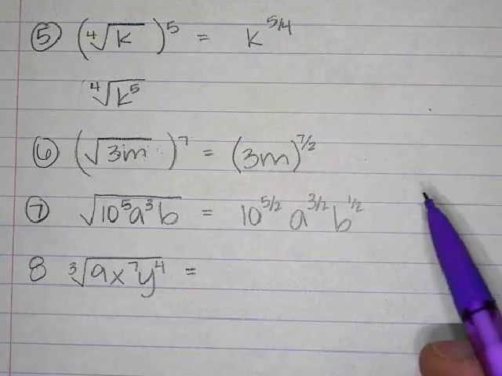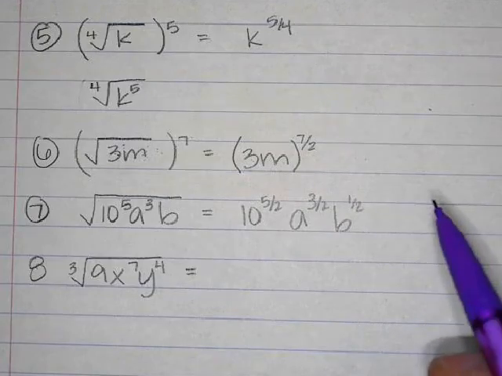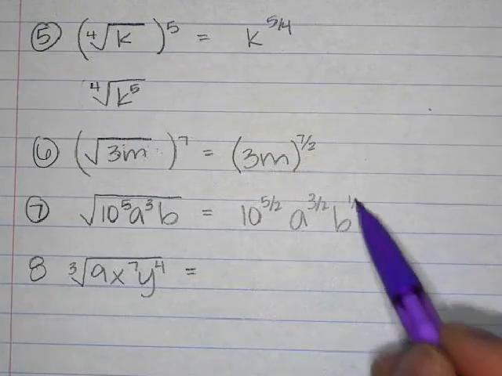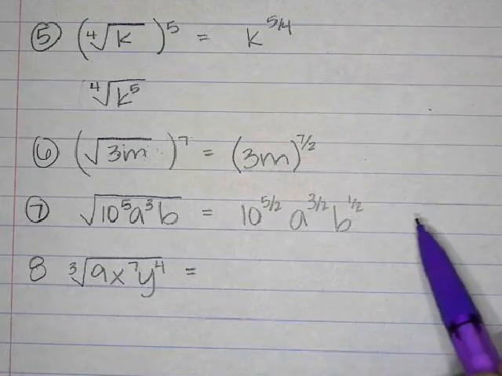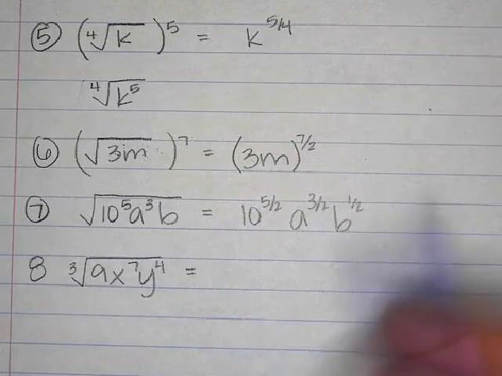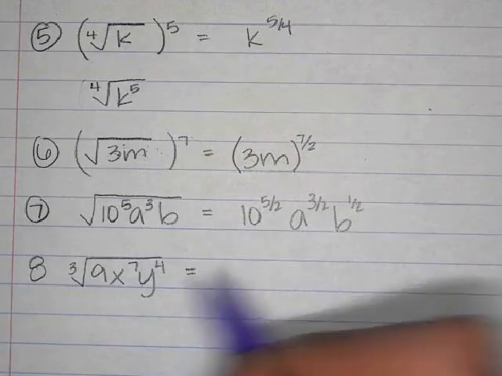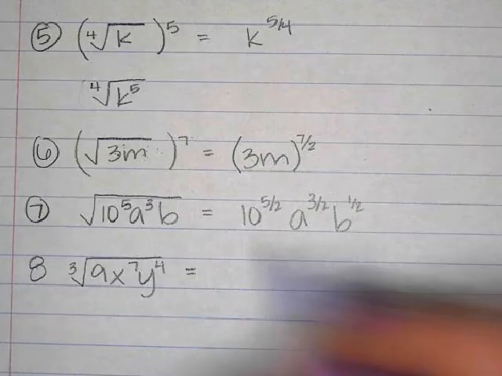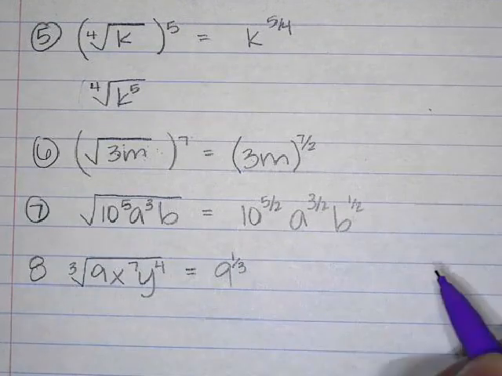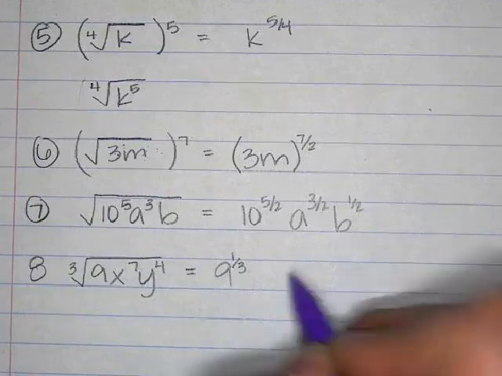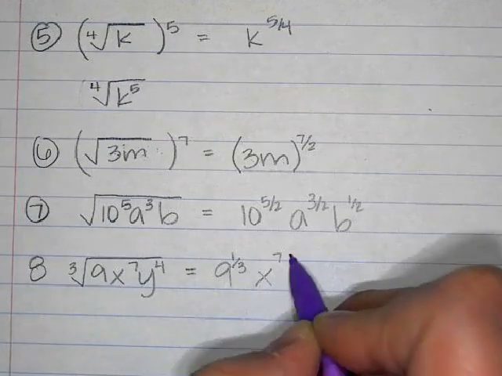If you get a fraction for an exponent and you can reduce the fraction, you should. Okay? All right, so what should I have here? 9 to the 1 over 3, all right. X to the 7 over 3, okay. Y to the 4 over 3.